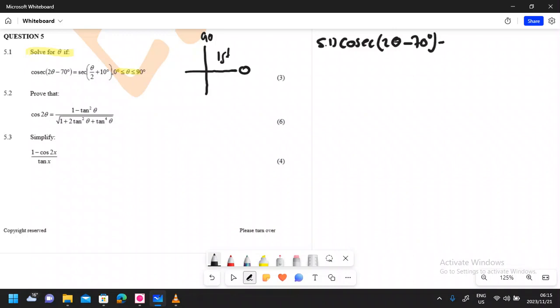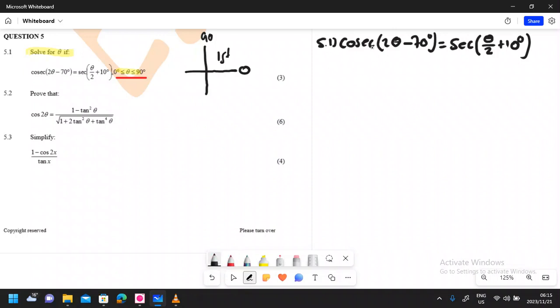Okay, so this is equal to sec, and then inside the bracket we have half theta, or theta divided by 2, plus 10 degrees. Right, so the domain here is here. I can't write it here. I hope you can see. Let me just highlight it with a red color and underline it. Right, so that is your domain.